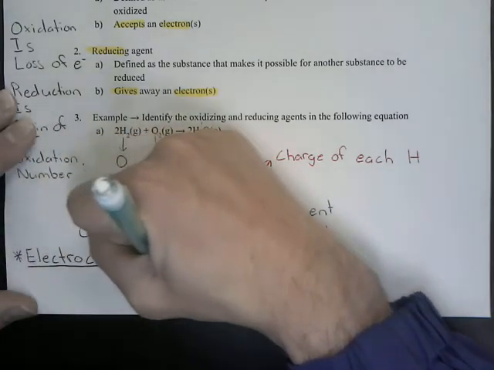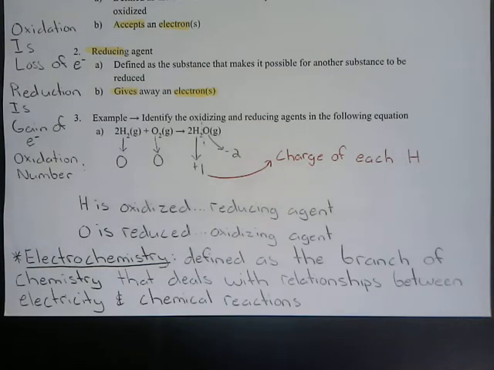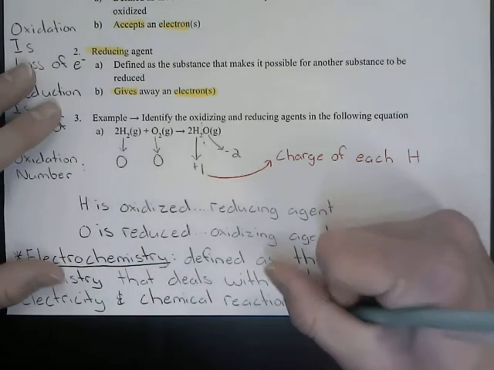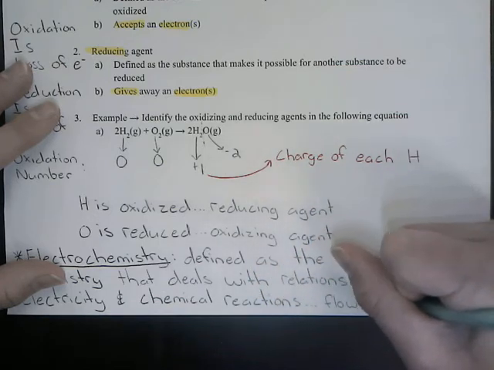Electrochemistry is defined as the branch of chemistry that deals with the relationships between electricity and chemical reactions. And I'm going to add a little bit to that here: the flow of electrons.